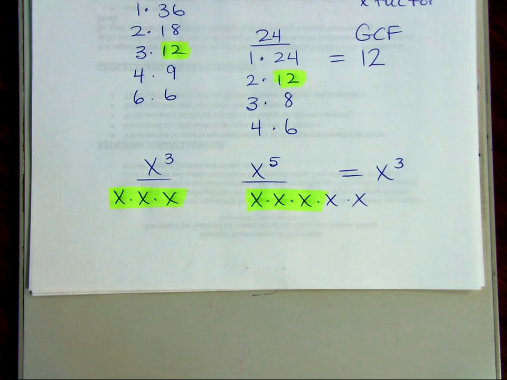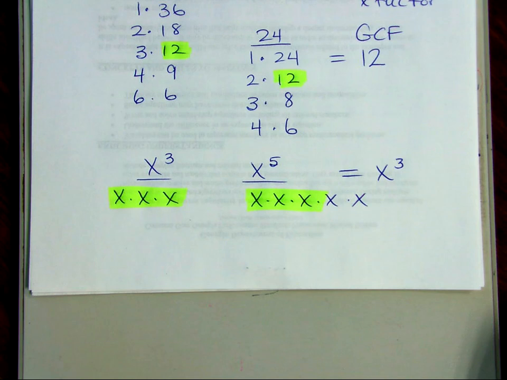So what would the factors of x to the 5th be? X times itself 5 times, right? So looking at what they have in common, how many do they have in common? 3. So they have 3 here and 3 here. So what do you think the GCF of x to the third and x to the fifth is? X to the third.